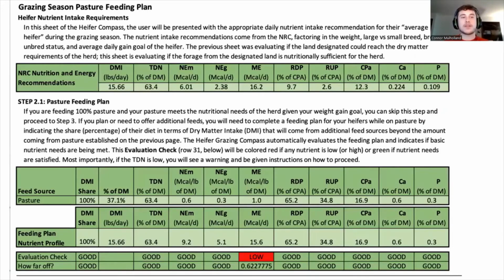So now we're going to see if a feeding plan based off this pasture, does that make sense for the animal performance that you're looking for in your heifer herd? So up top, we have the NRC nutrient and energy recommendations.